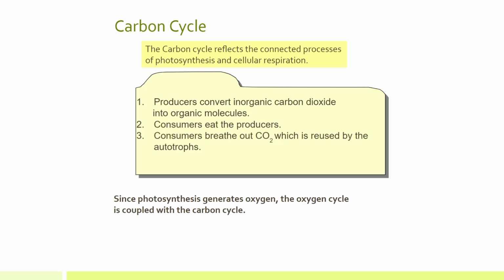We also need water in living organisms, like plants and us, in order for these chemical processes to take place. So both photosynthesis and cellular respiration rely on the carbon cycle, the water cycle, and the oxygen cycle. So since photosynthesis generates oxygen, the oxygen cycle is generally coupled with the carbon cycle. And then we also generally acknowledge that the water cycle plays a role.